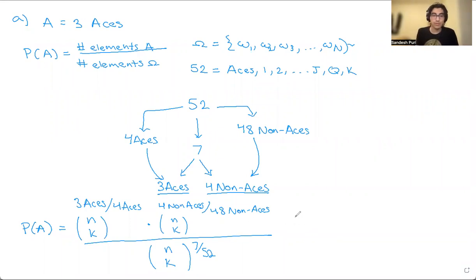So now we just have to figure out what N and K are for each case. And the reason I multiplied these 2 combinations in the numerator here is because both of these events have to occur simultaneously for this condition to be true. Meaning that if we get 3 aces from our 7 card sample, we must have 4 non-aces.